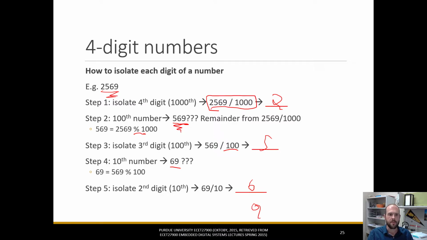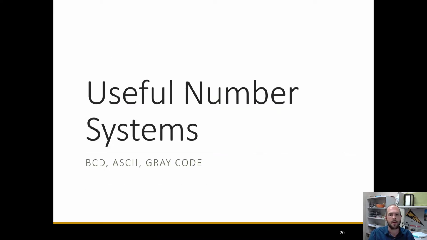This is for a decimal number. You can do the same thing with a binary number in order to separate digits. So just follow along and make sure you understand integer division and then integer modulus and how integers specifically can be used in this technique to separate digits.